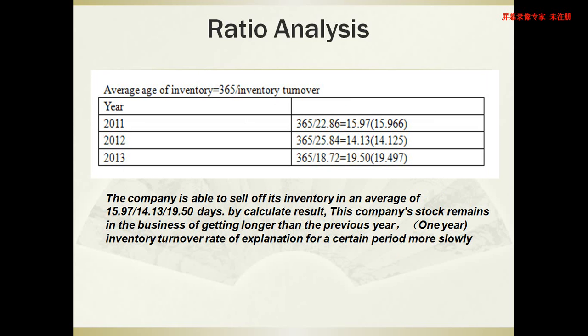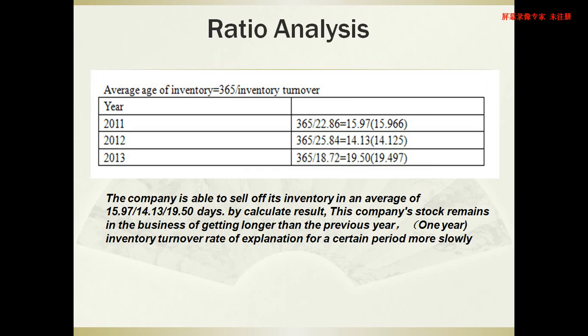Now we are going to the average inventory period. The company is able to sell off its inventory in an average of 15.97 days in 2011, in 2012 it was 14.13, and at the end of 2013 it was 19.5 days.